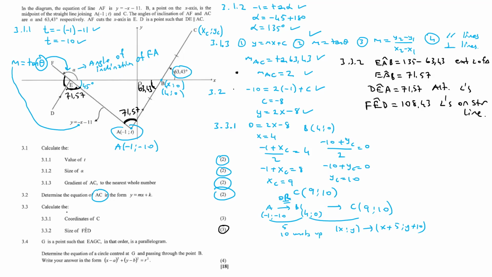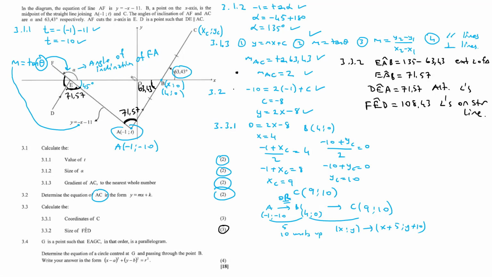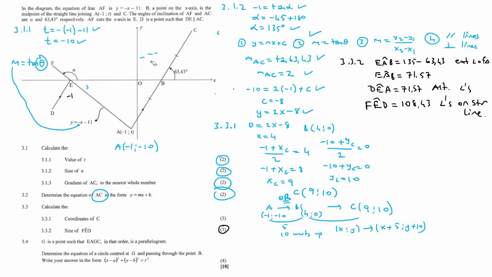Okay. If I clear this up a little bit. So we follow this order here, in the same order, EAGC, E, A, G, C. Okay, this is a parallelogram.